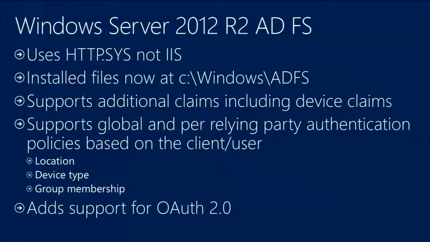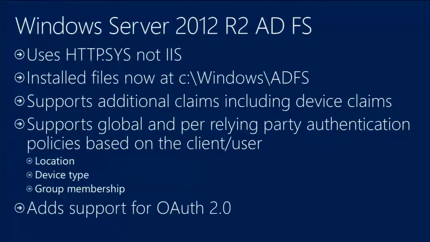Or you can do it on a per application basis or per relying party basis. So you could say, oh yeah, most of our apps, people can come in with just username and password, but for these apps, it's got to be multi-factor. And now we've got support for OAuth 2. OAuth 2 is becoming extremely significant.